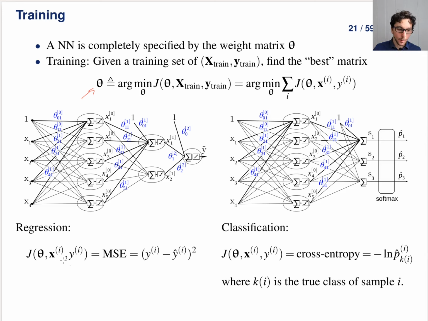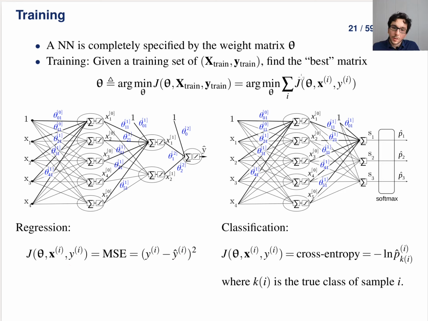We first need to establish a loss function. If we are performing regression, we usually use mean square error. This is the loss function of sample i, just one sample: the difference between the true value and the predicted value, squared.